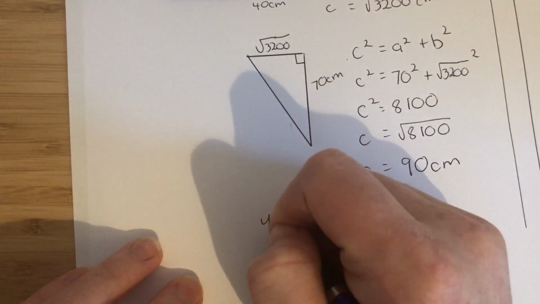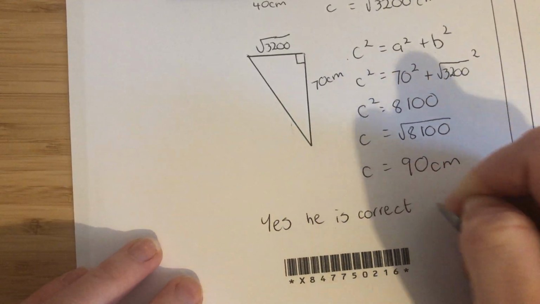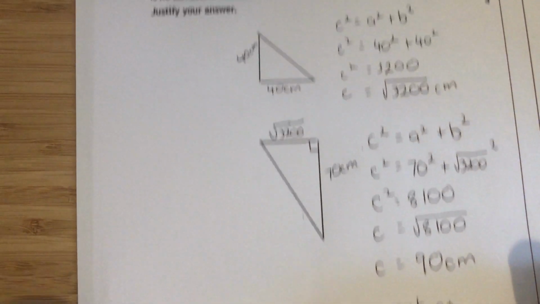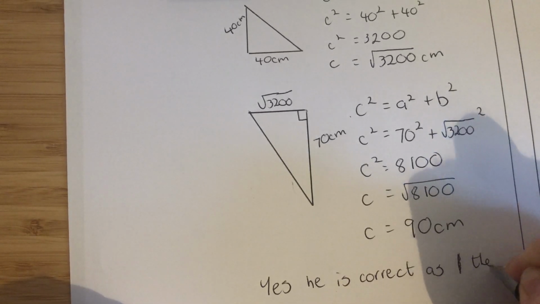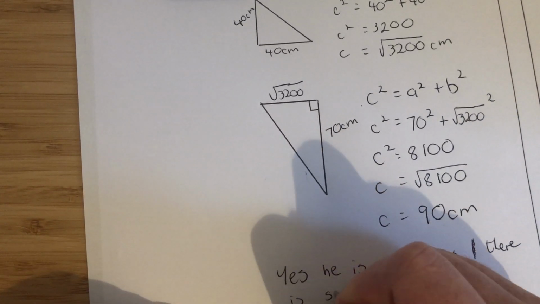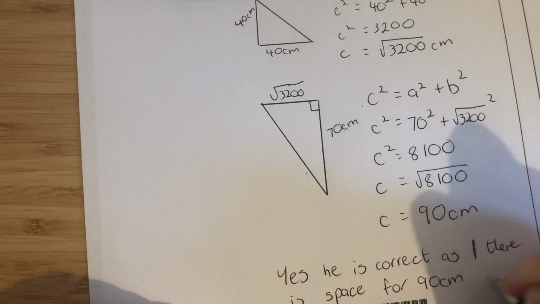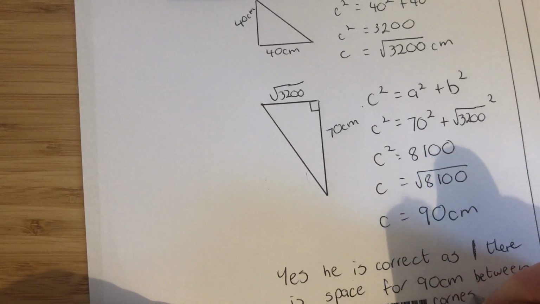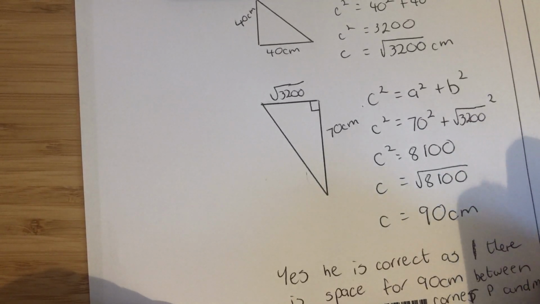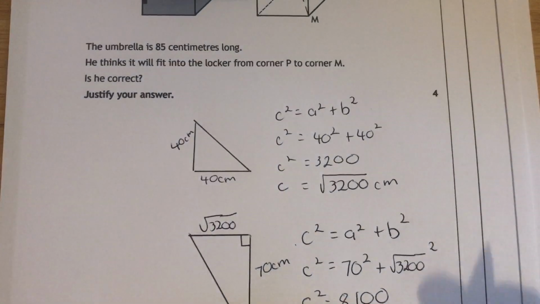So yes, he is correct, as there is space for 90 centimetres between corner P and M. And that's you. That's you used 3D Pythagoras and you're ready to try some on your own.